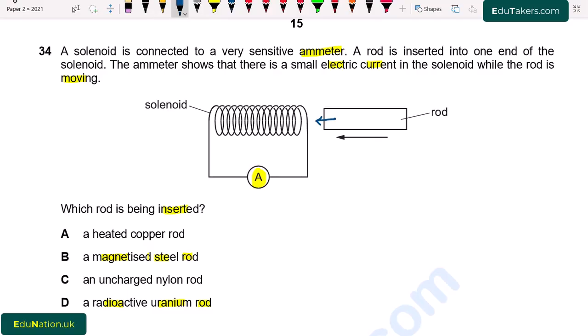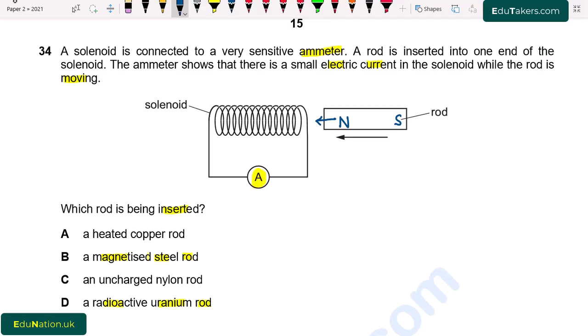towards the solenoid, then what will happen? If I suppose that here is North Pole and here is South Pole. So when this rod is moving towards the solenoid, some magnetic lines of the rod cut the solenoid, due to which there is the induced EMF and also the induced current.